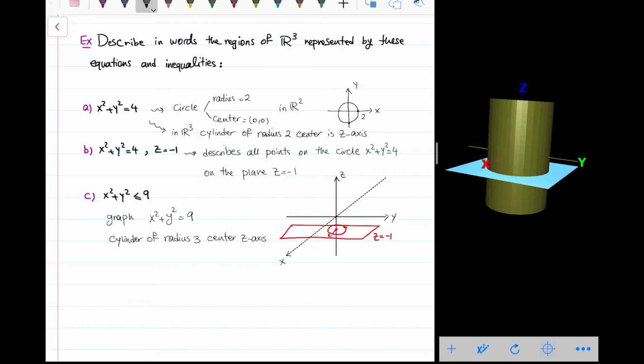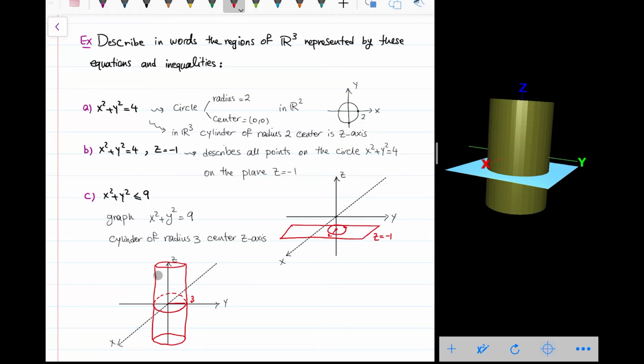Now let me graph this. The cylinder: this is x, y, and then z. I'm going to have a cylinder of radius 3, something like this, and because z is free, it goes up and also down.